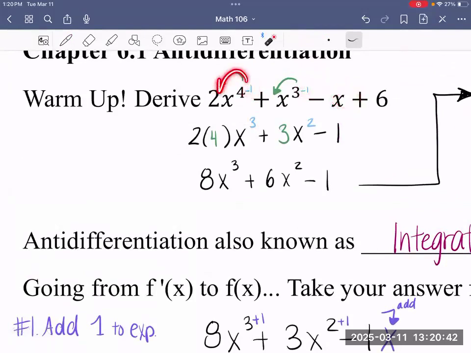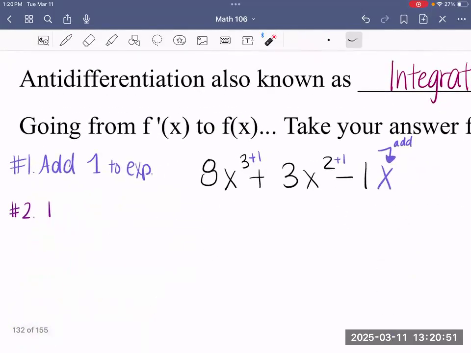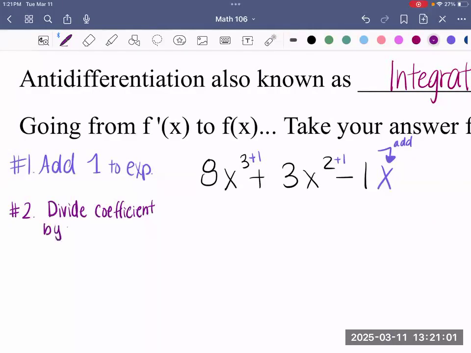Step number 2, instead of bringing down this numerical value and multiplying, the opposite of multiplication is division. So step 2, we are going to divide the coefficient by the new exponent.